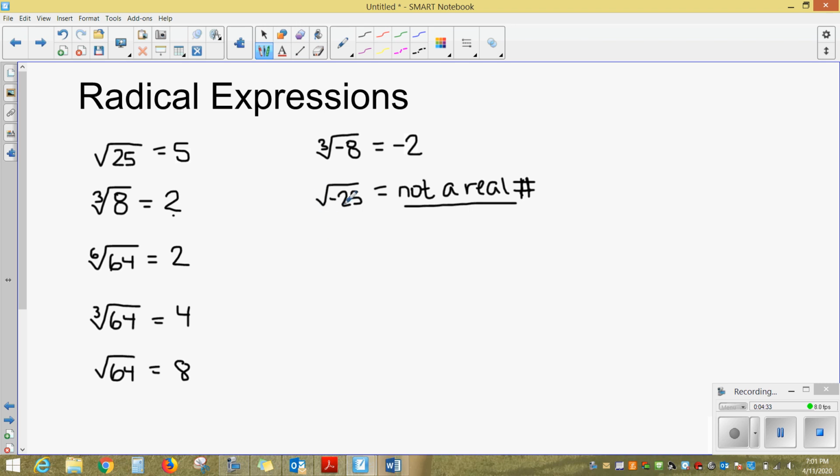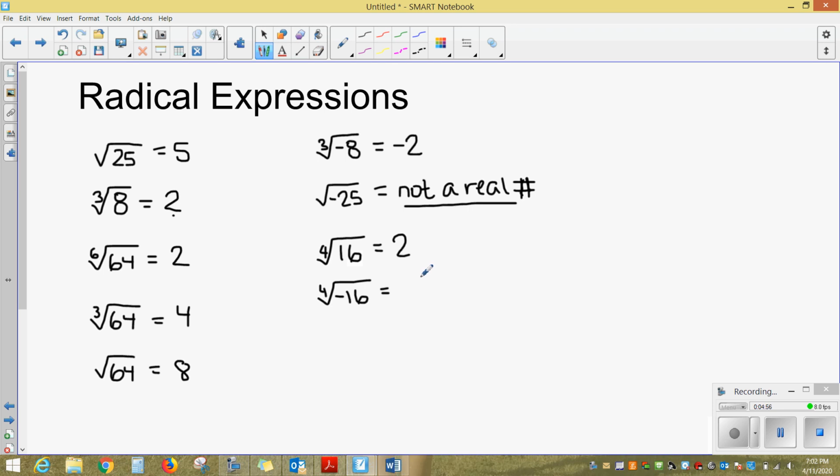So I can't square a real number and get something negative, but I can cube a negative number and get a negative. The fourth root of 16, if I break 16 down, I find out is 2. But if I want to find the fourth root of -16, I run into the same problem as I did with the -25.